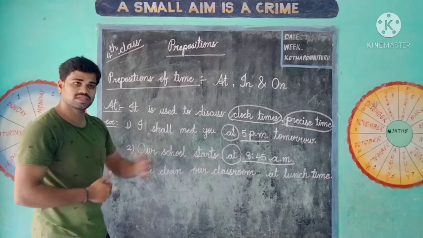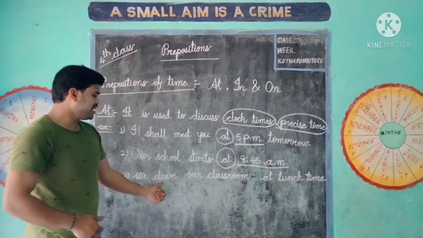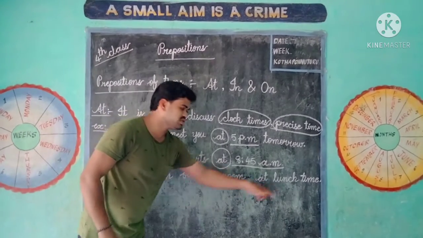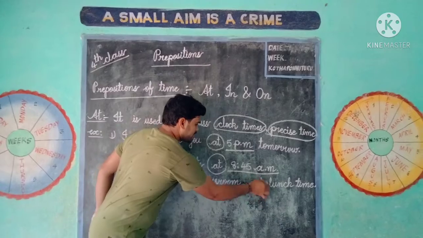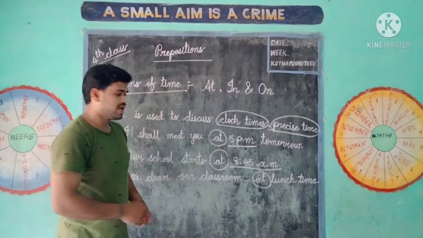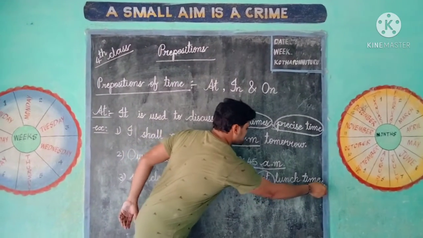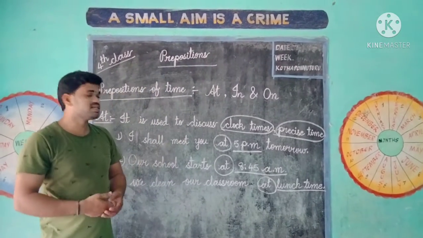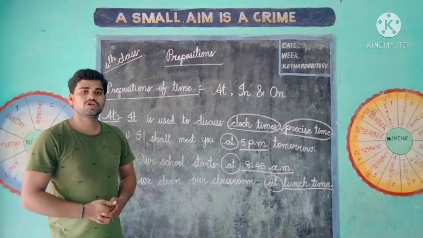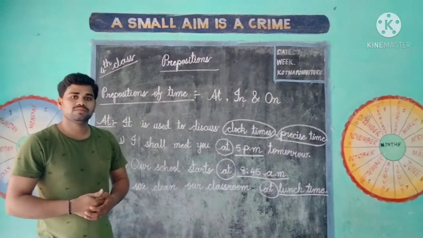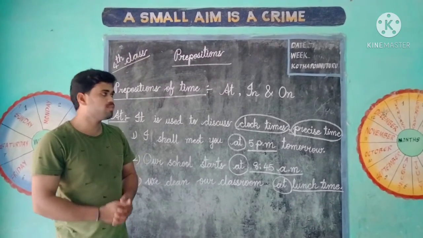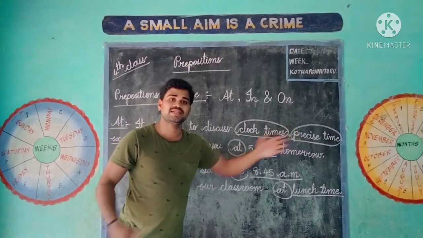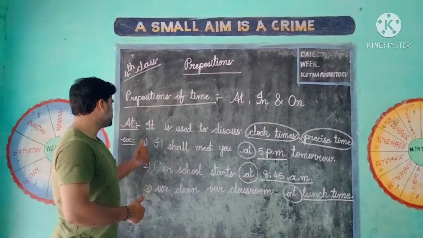We clean our classroom at lunchtime. Here at tells about the time, lunchtime. So when we discuss clock times or precise time, we must use the preposition at.